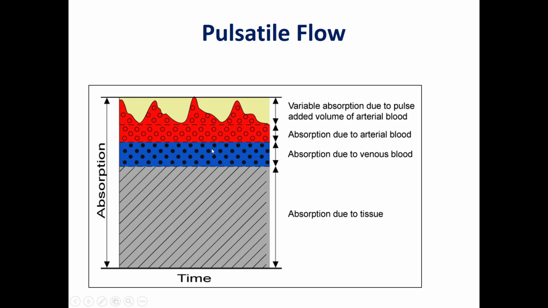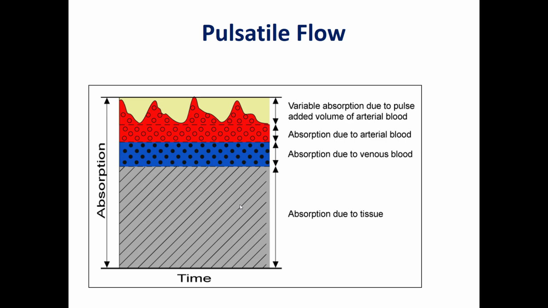We have the DC portion related to the absorption by the venous blood, and finally the absorption due to the rest of the tissues, which are the muscles, the nails, the bone and others. So in the middle of this model, we have an AC signal representing the arterial pulsation or pulsatile flow, and three DC absorption signals: one for the arterial, one for the venous, and one for the rest of the tissues.